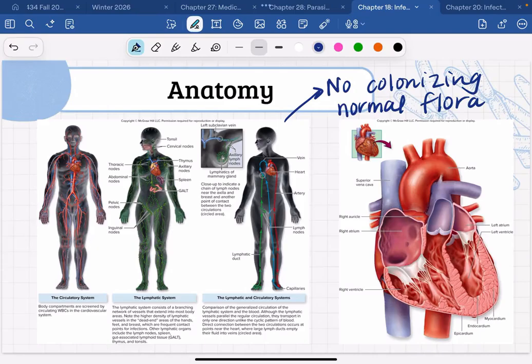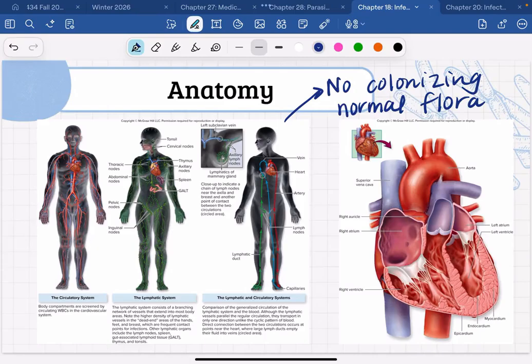However, if a bacteria or virus or parasite or anything else does manage to get past all of those defenses into the circulatory or the lymphatic system, the truth of it is that your circulatory system covers your entire body. And so if something does manage to take up residence and start multiplying in either your circulatory or your lymphatic system, it very quickly will spread to the rest of your body.